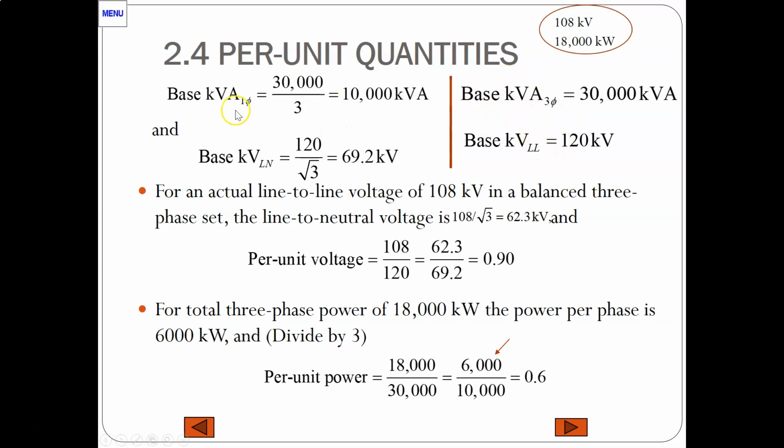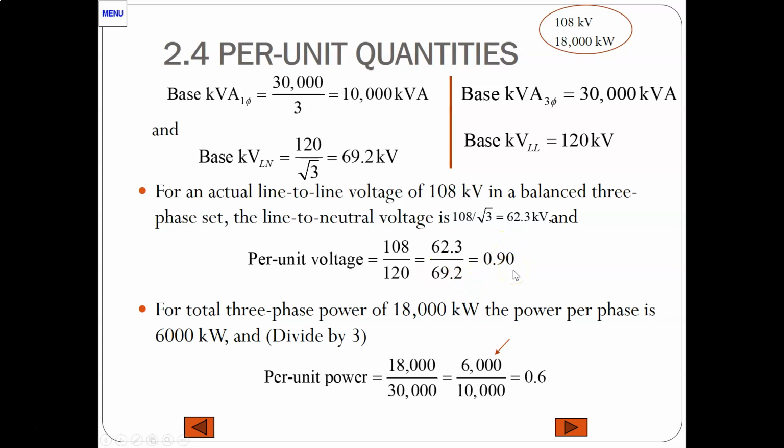On the left-hand side you have the phase values. So if the actual values are 108 kilovolt and 18,000 kilowatt, we can look at this example in 3-phase. For an actual line, as I said, in a balanced 3-phase set the line-to-neutral voltage is divided by the square root of 3, and the per unit voltage will be 108 divided by 120, or per phase, this value, and it will be equal.